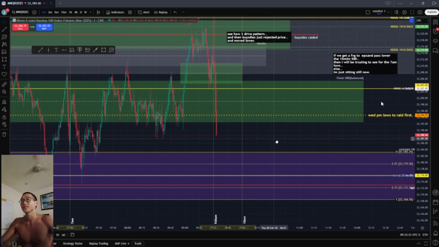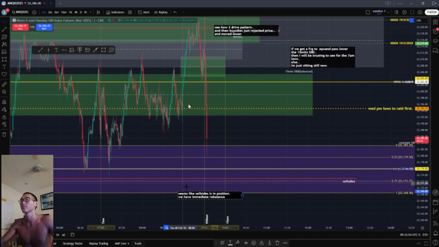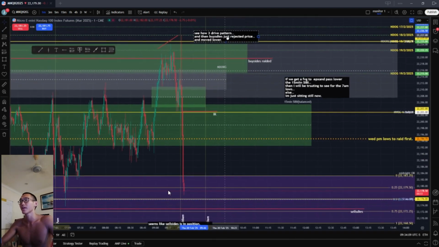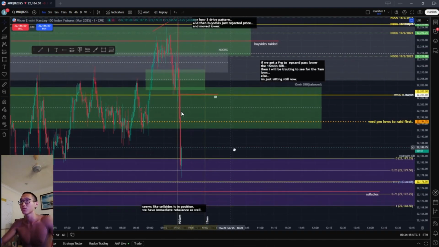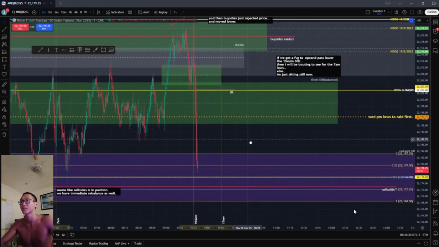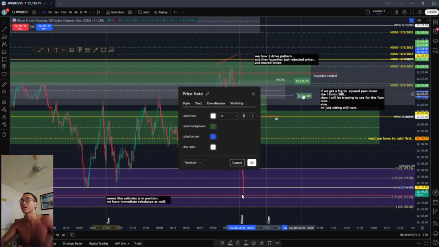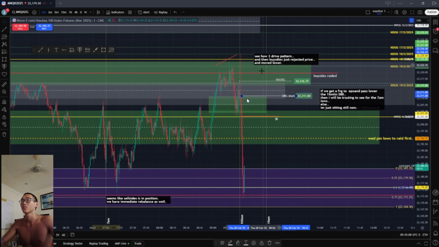Now buy side has been raided, really big expansion over, so now immediate rebalance. So at this candle, we can just shoot over, which is what it did as well. You just shoot over and raided the 7 a.m. low. So now I was just doing some backtest on this.